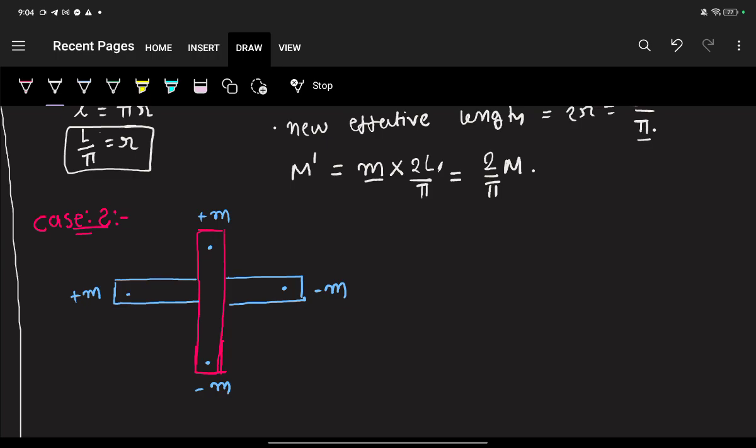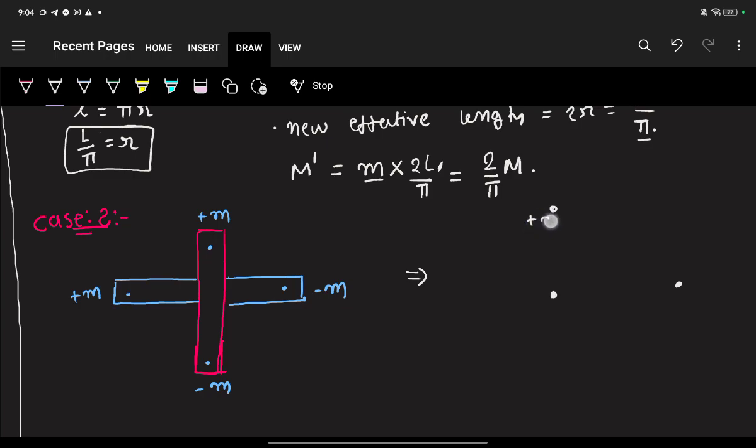So what can we do in this case? It is similar to the situation where, remember, we solved a question where two electric dipoles were given, I mean this type of charge configuration was given.